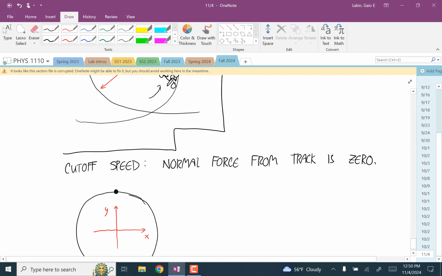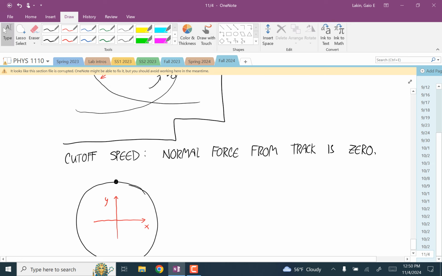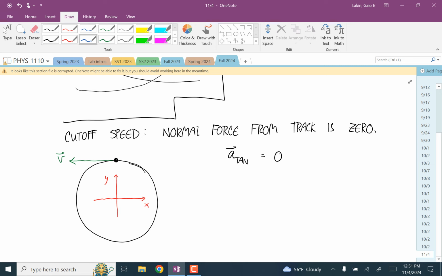Okay, the velocity at this instant would be this way. We'll assume that there's no tangential acceleration. That's a reasonable assumption, although you could make it so it was changing speeds up there. So let's just assume that the tangential acceleration is 0. That's something I'd have to tell you in the problem, you know. And the centripetal acceleration goes this way, down towards the center.